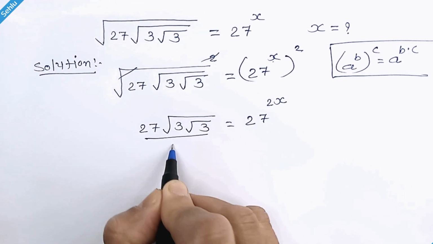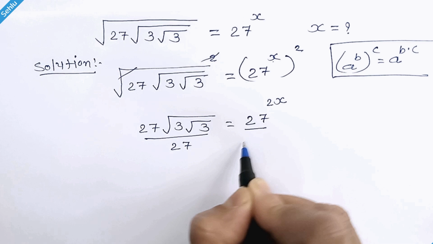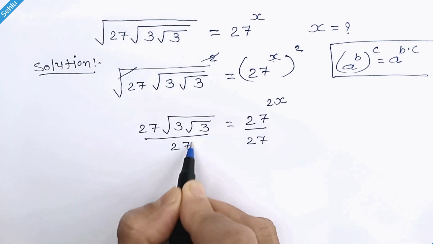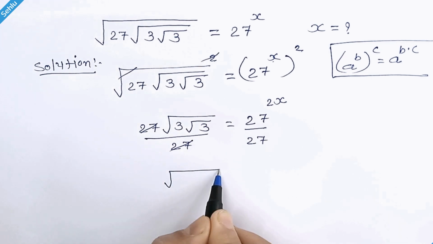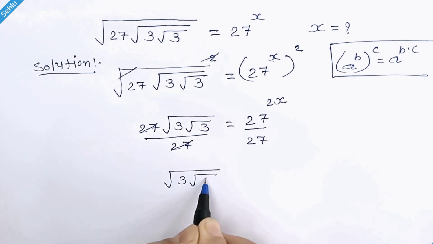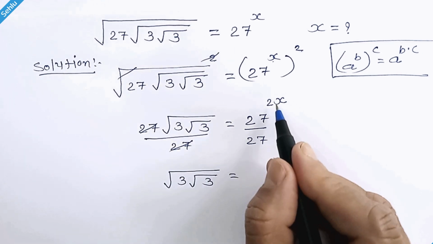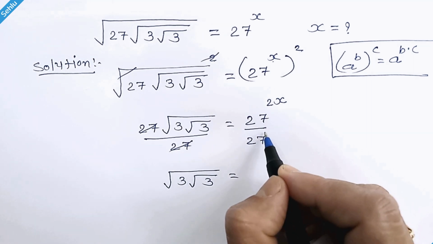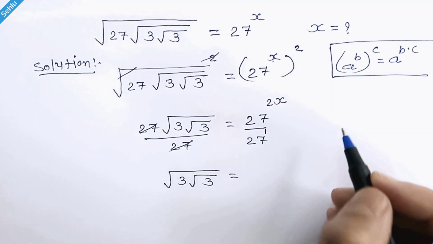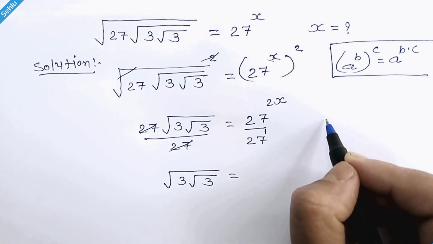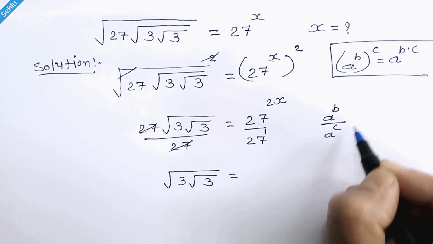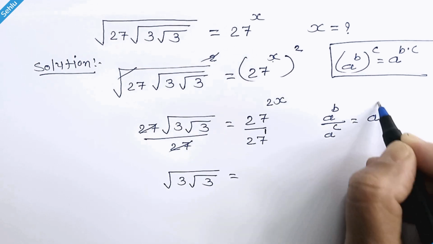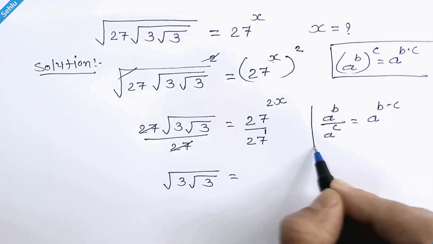Now we will divide by 27 both sides, so these two will be eliminated. So we have √(3√3) is equal to, on the right hand side here 1 is the default exponent, and we have to refer to a rule where a^b over a^c can be a^(b − c).